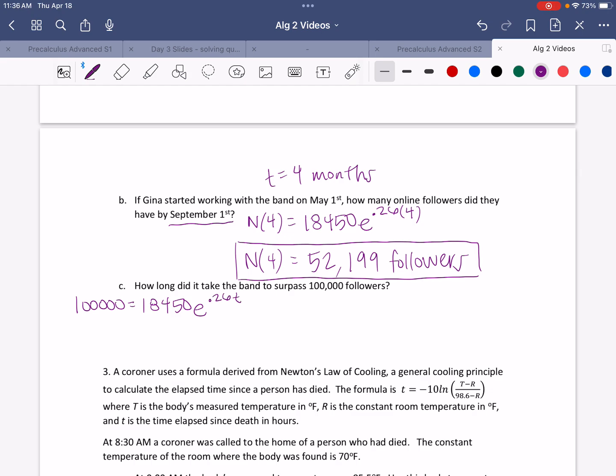So my goal is to solve for t. So we're going to have to isolate the exponential part, meaning we're going to need a log here, specifically a natural log, because I see e. So let's isolate that first by dividing both sides by 18,450.